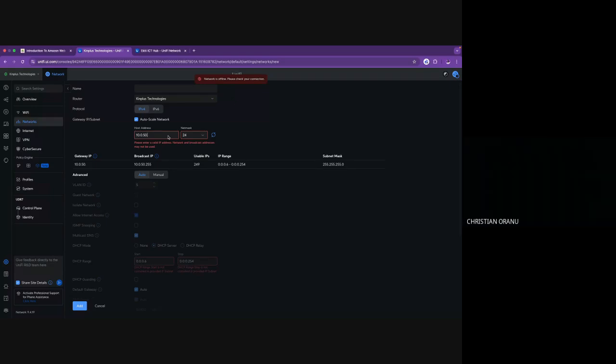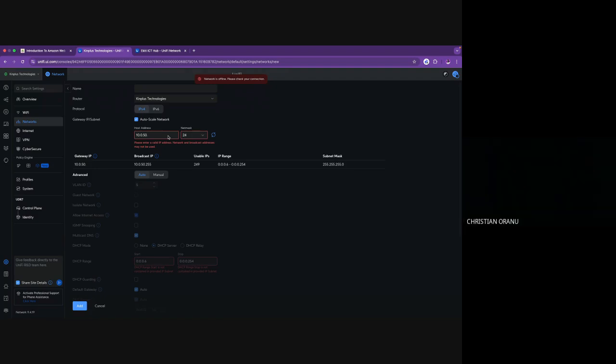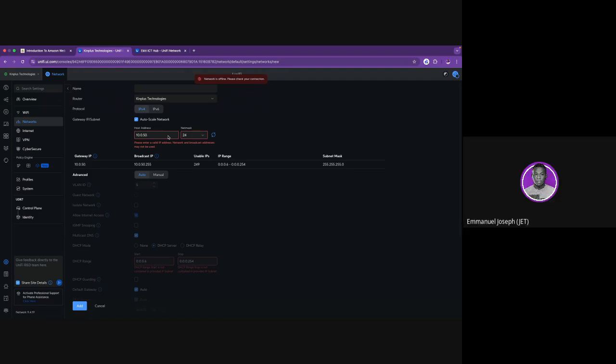So when you divided it into 4, the assignable IP on each of these subnets is supposed to be 64, right? So your next subnet configuration is going to be plus 64. The reason why I said times 2 is that 64 plus 64 is the same thing as 64 times 2. The next one plus 64 is how we got 128. Then the next one as well is plus 64.